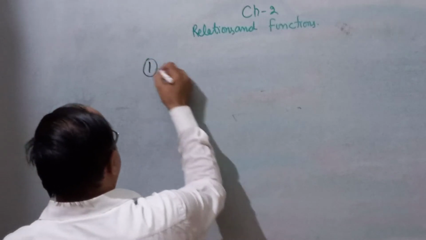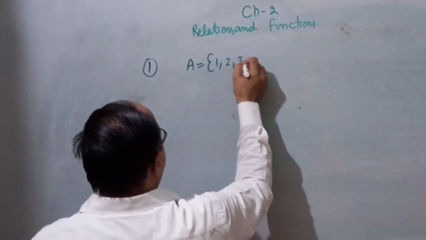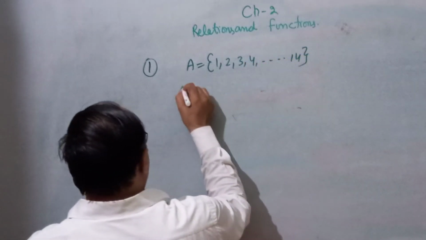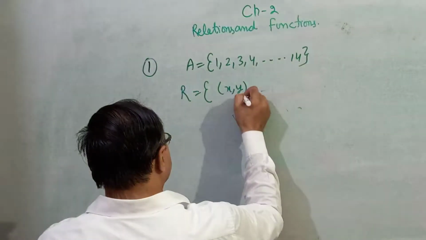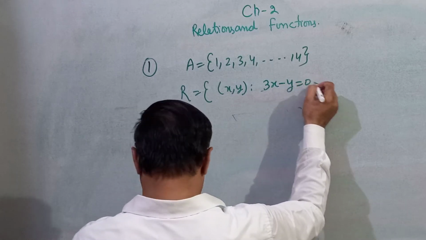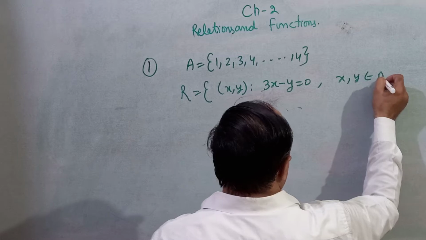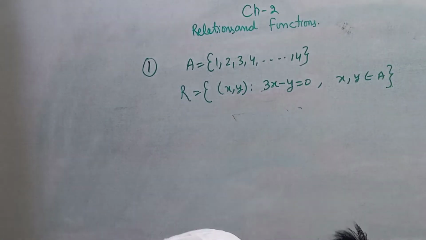Let A be equal to 1, 2, 3, 4, up to 14. The relation R is the ordered pairs (x, y) such that 3x minus y equals 0, where x, y belong to A. Write domain, codomain and range.